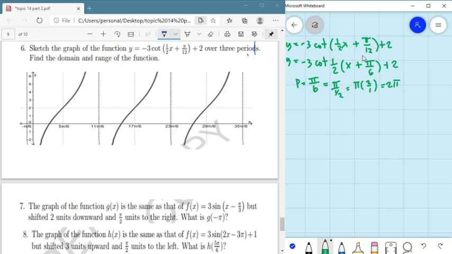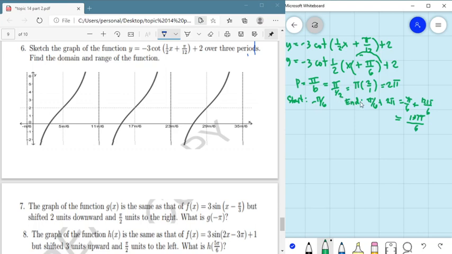And since we have x plus pi over 6, therefore, we start at negative pi over 6 and end at negative pi over 6 plus 2 pi, which is equivalent to negative pi over 6 plus 12 pi over 6. Therefore, we end at 13 pi over 6.